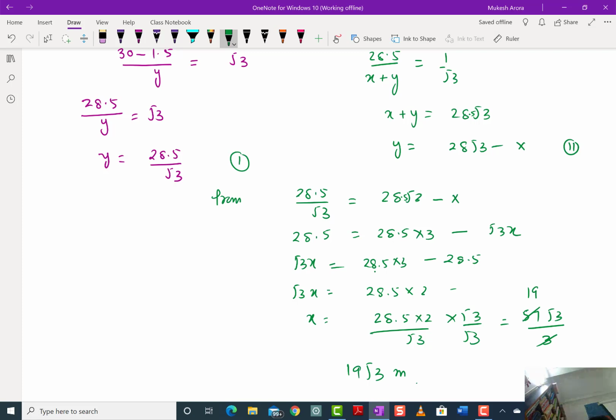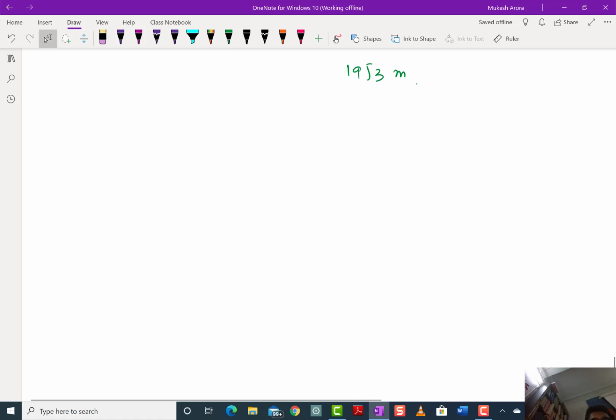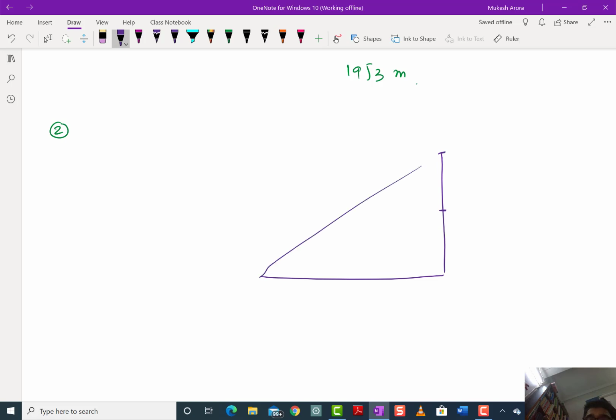From a point on the ground, the angle of elevation of the bottom and the top of a transmission tower fixed on a 20-meter high building. This is a transmission tower.